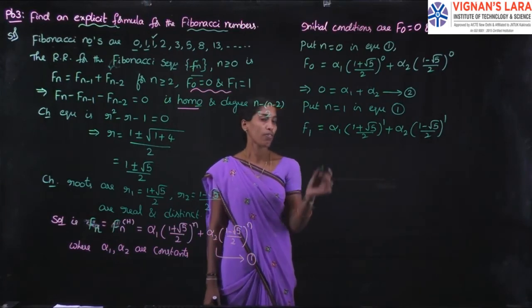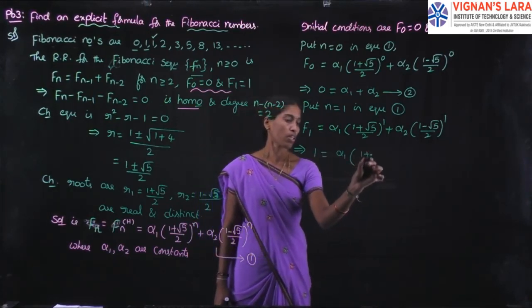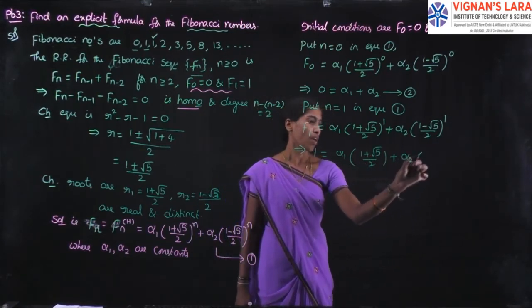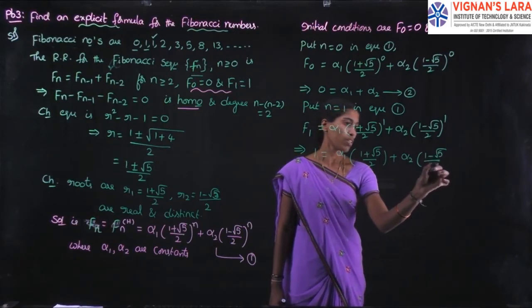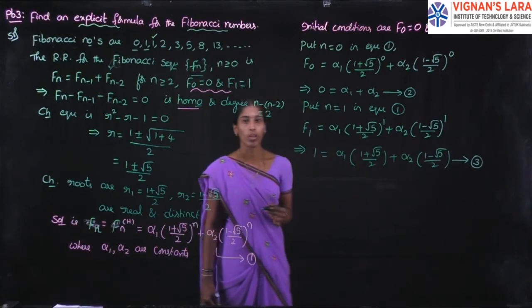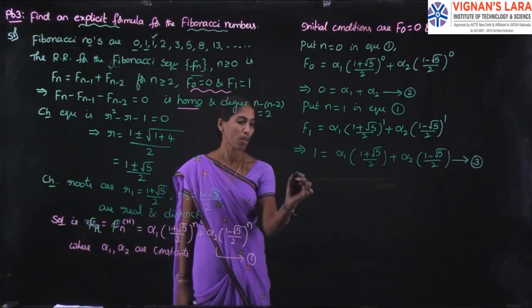So what is the F1 value? 1 is equal to alpha 1 into 1 plus root 5 by 2 plus alpha 2 into 1 minus root 5 by 2. It is equation 3. Now solving equations 2 and 3, find alpha 1, alpha 2 values.